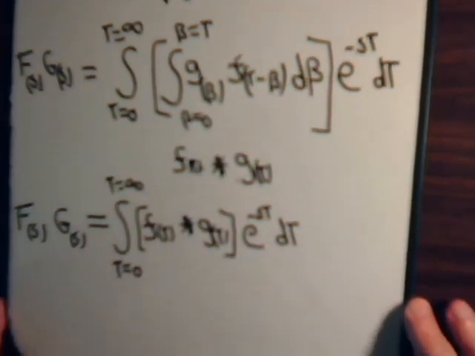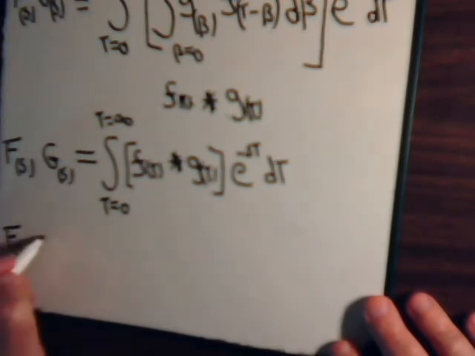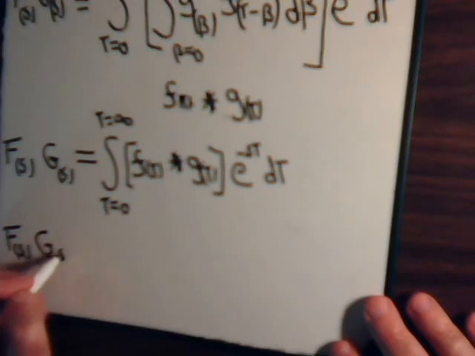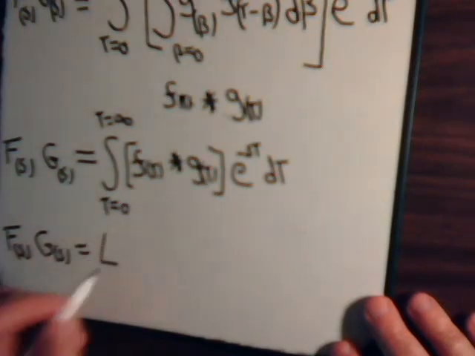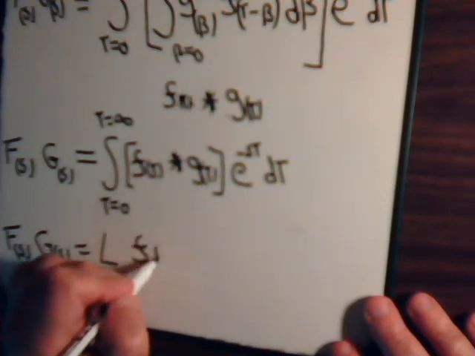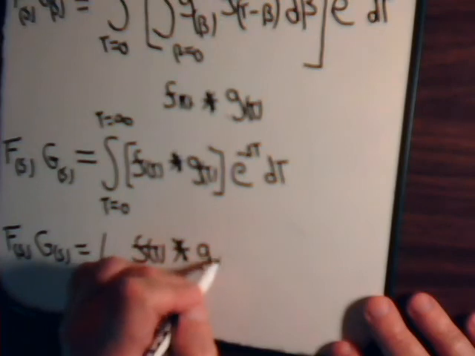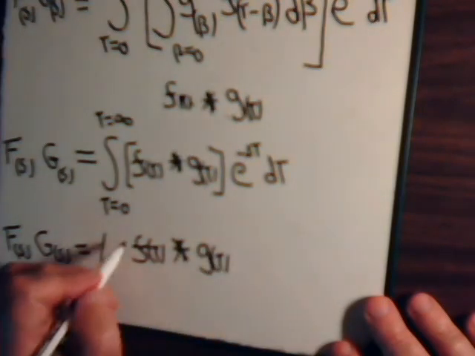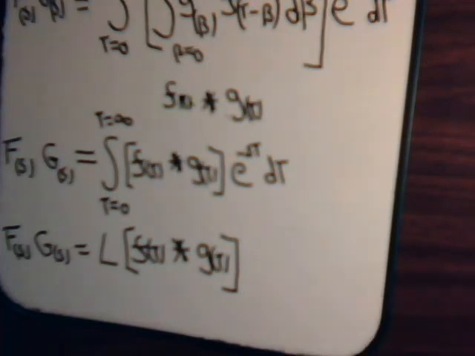So what we have is f of s times g of s equals the Laplace transform of f of t convolution g of t. And that is what we set out to prove.